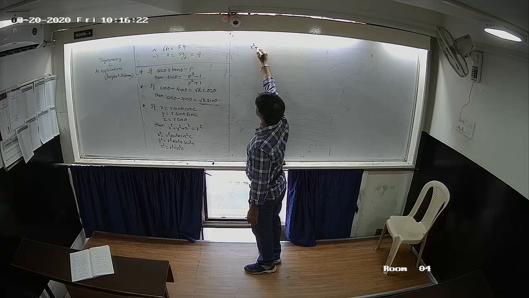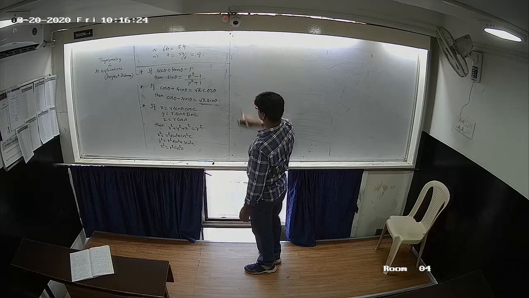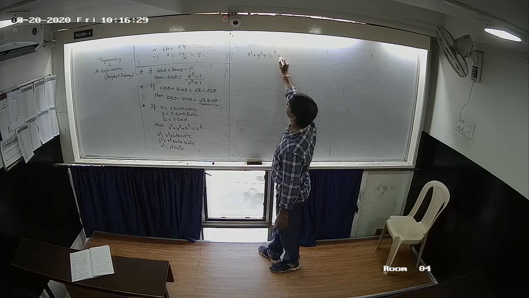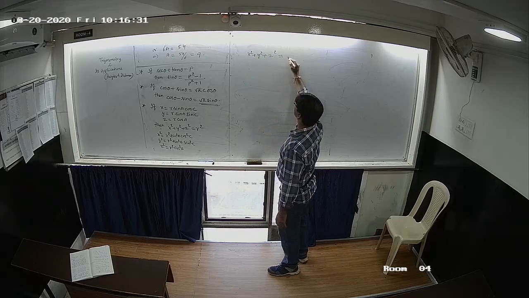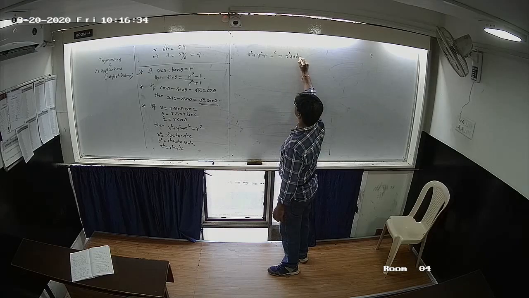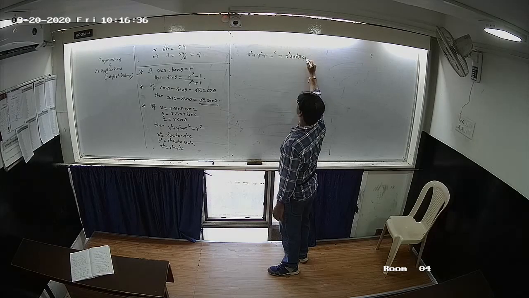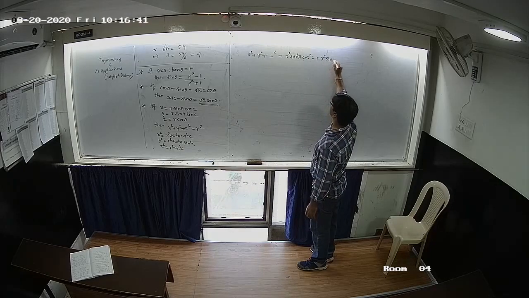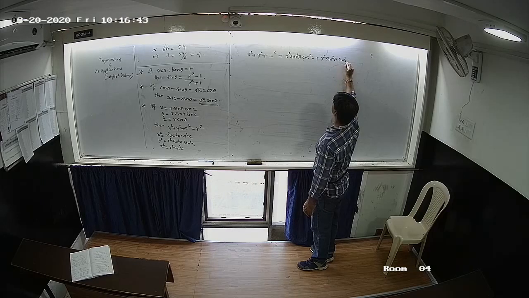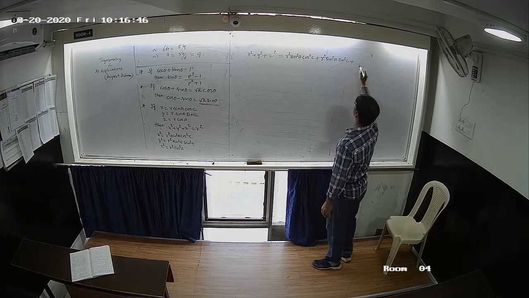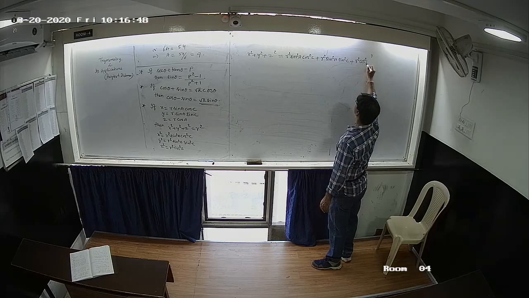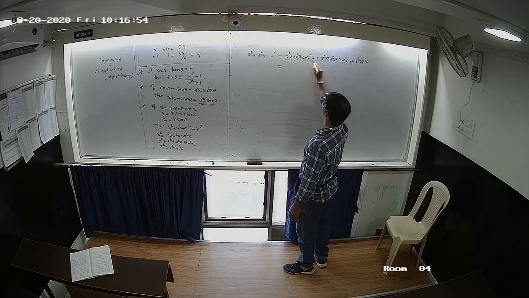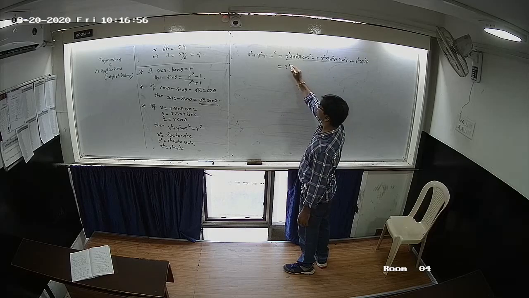X square plus y square plus z square is equal to r square sin square A cos square C plus r square sin square A sin square C plus r square cos square A. So this is equal to, in these two, r square sin square A common.